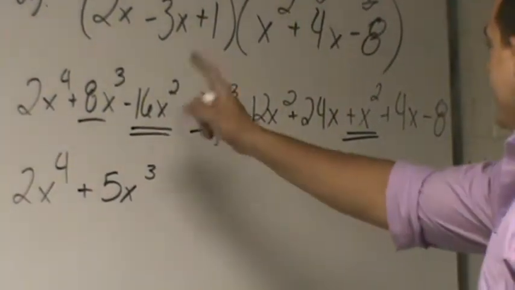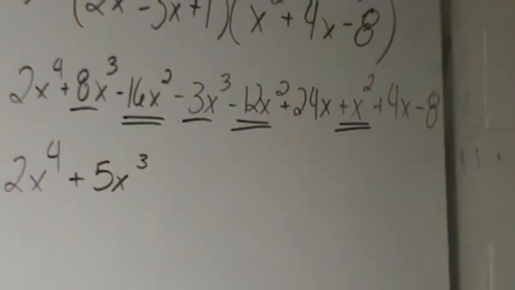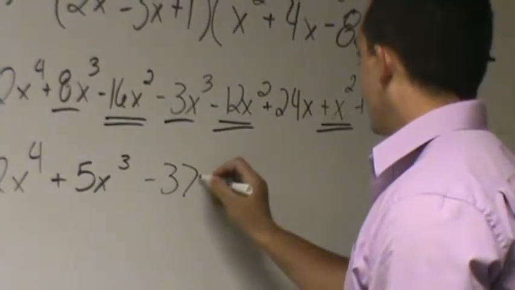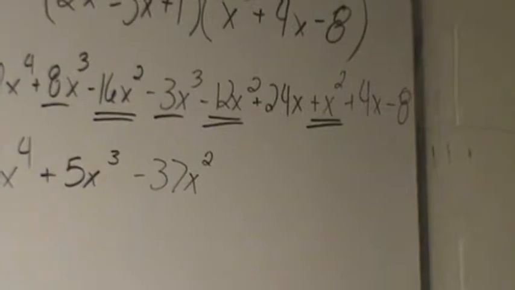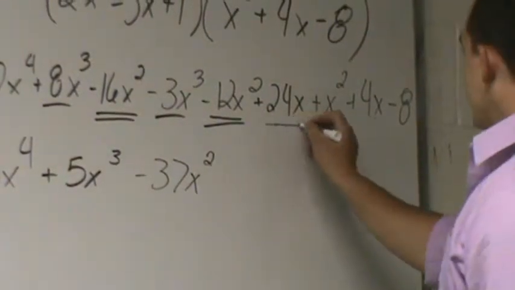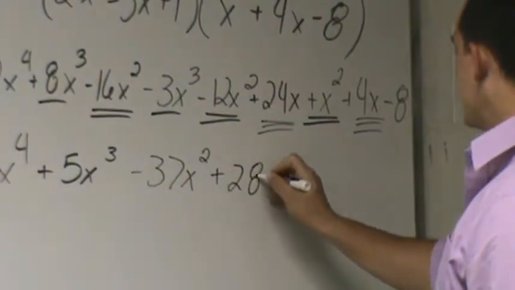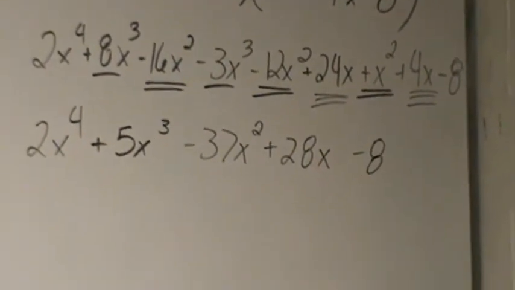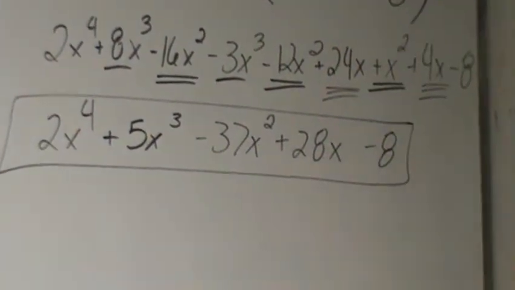We've got negative 16 minus 12 is negative 28, plus 1 is going to be negative 27. And then we've got these x's here to put together, so that would be plus 28x, and then minus 8 goes on the end. And once you put together all your like terms, you've done as much as you can on the problem.